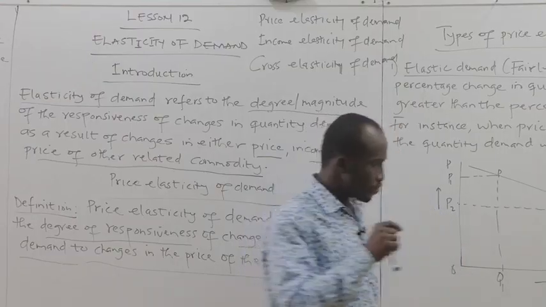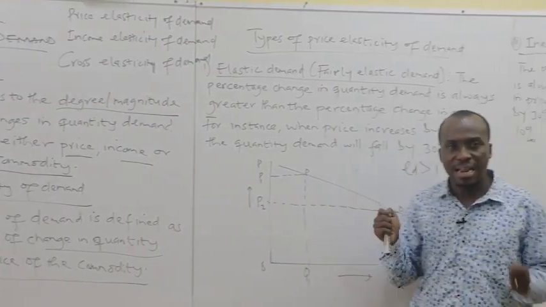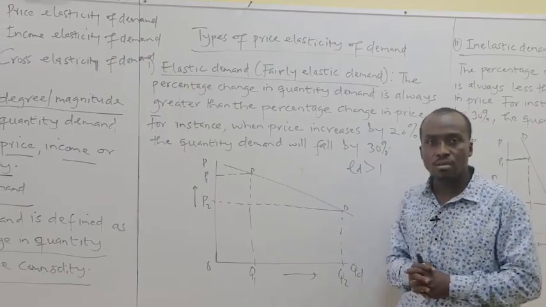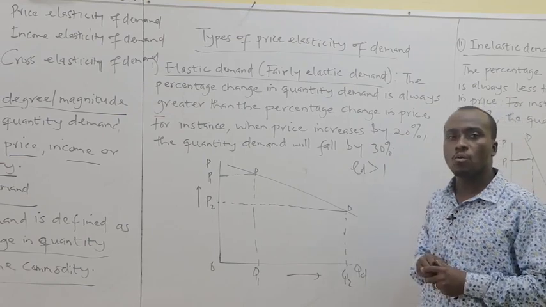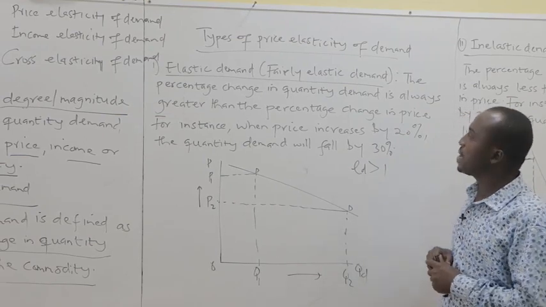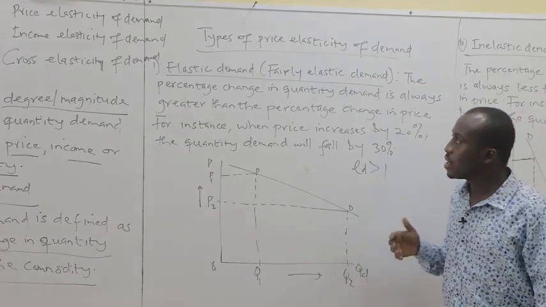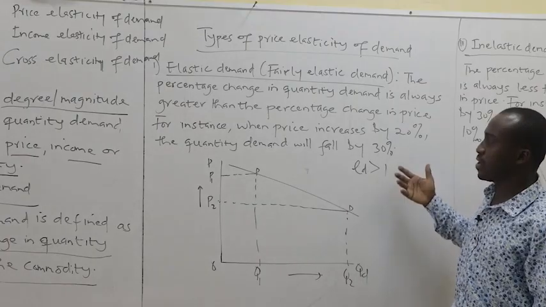We have five types of price elasticity of demand. We have the first type, the elastic demand, or what they call fairly elastic demand. What does it mean? It means that the percentage change in quantity demanded by consumers is always greater than the percentage change in the price.